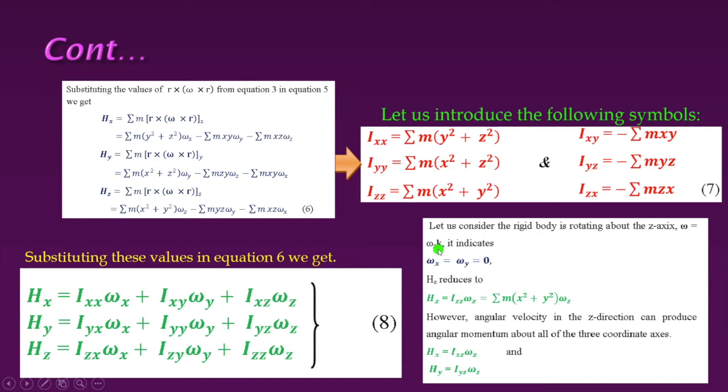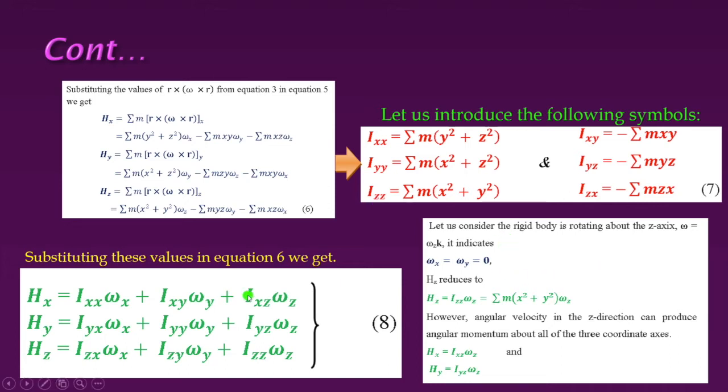So omega z k. The value of omega x is 0. The value of omega y is also 0 because it is rotating about the z axis. So there is no angular velocity component in the x and y direction, only along the z direction, as it is rotating about a single axis z.